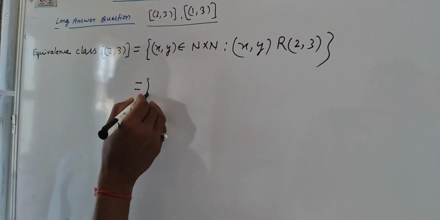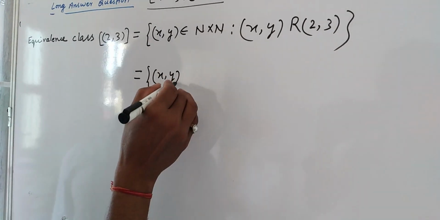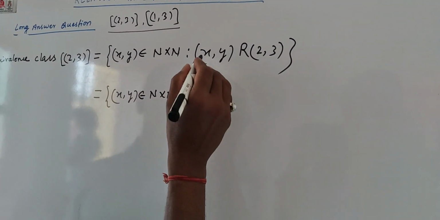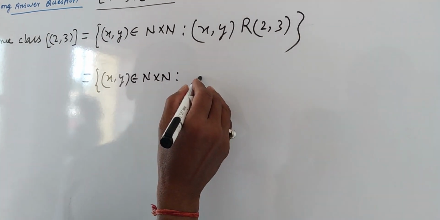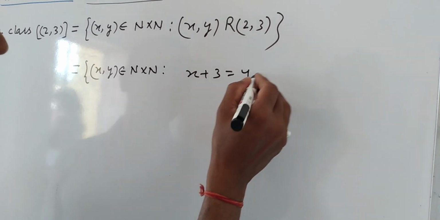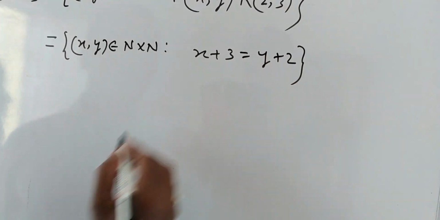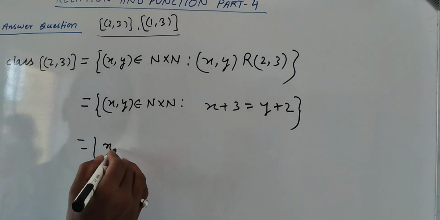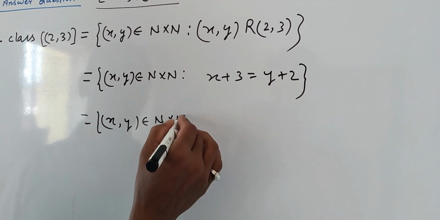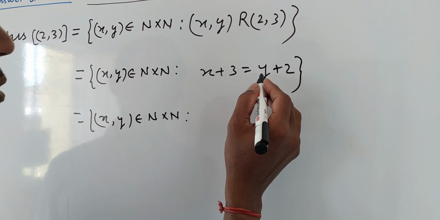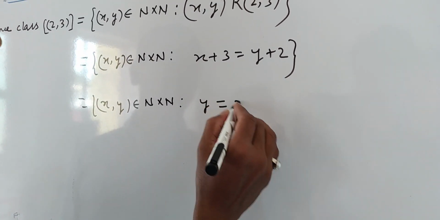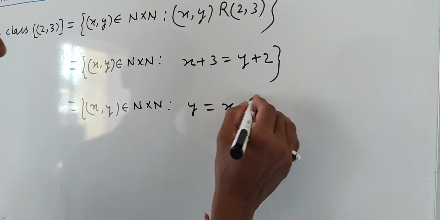So (x, y) belongs to N cross N such that, according to the relation, first plus second: x plus 3 equals second plus first, y plus 2. This implies y equals x plus 1.